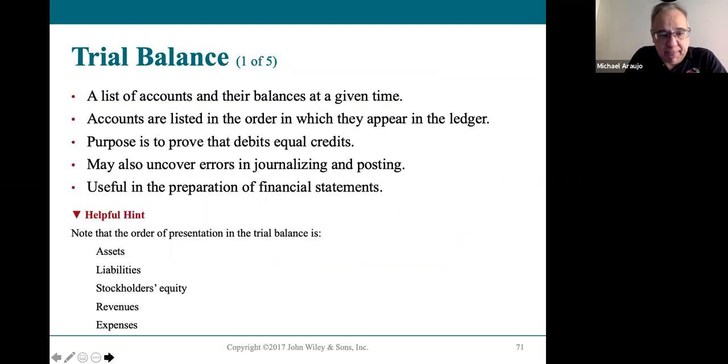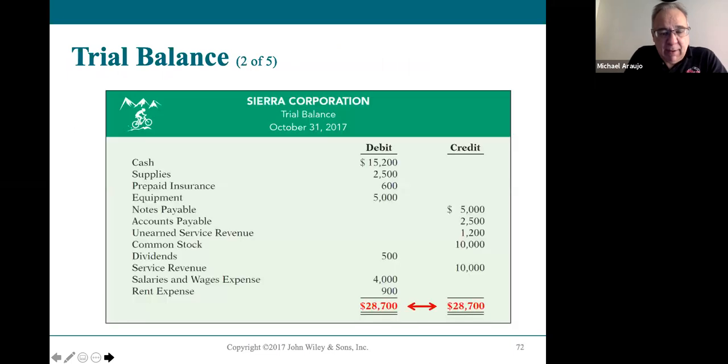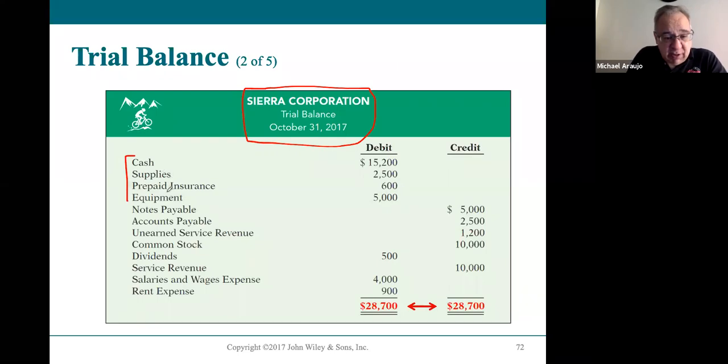Okay. Here is the Sierra Corporation trial balance for October. Now, these accounts are the exact same accounts that you saw in the ledger: cash, supplies, prepaid insurance, equipment, notes payable, accounts payable, unearned service revenue, common stock, dividends, service revenue, and the expenses.